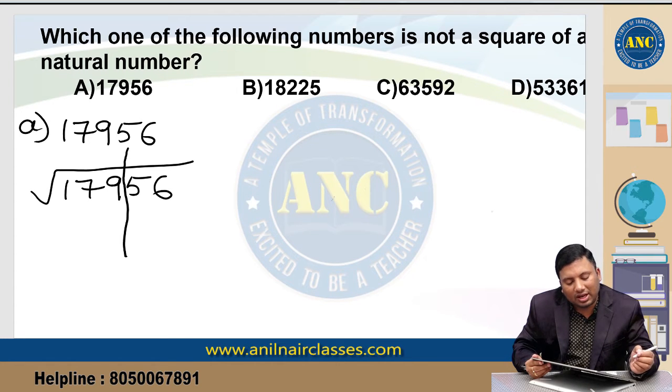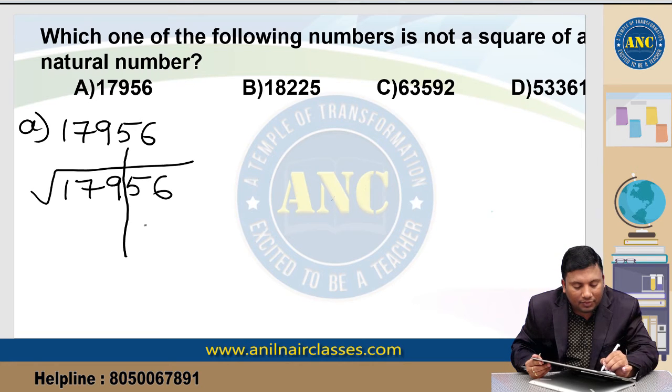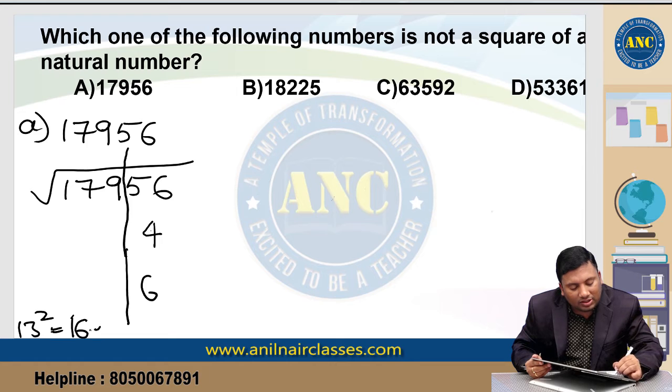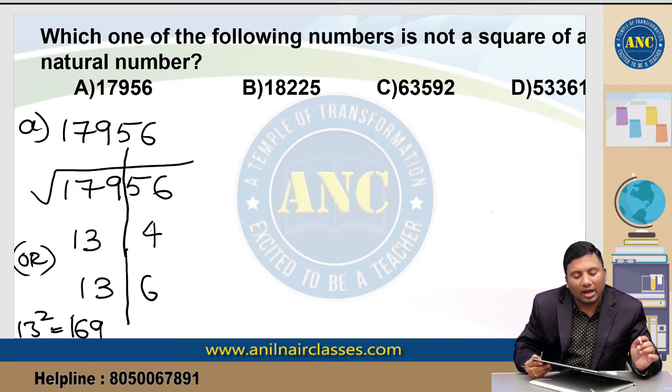Then the answer will have 4 at the end, since 4 square is 16 or 6 square is 36. 179 lies between which two perfect squares? 13 square is 169 and 14 square is 196. So the answer will be either 134 or 136.